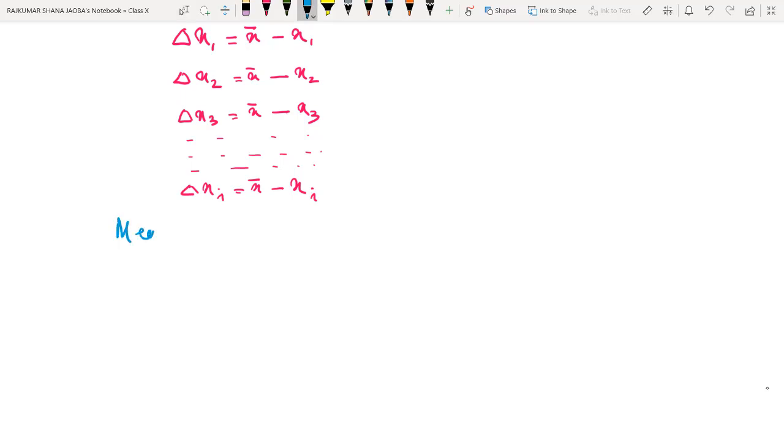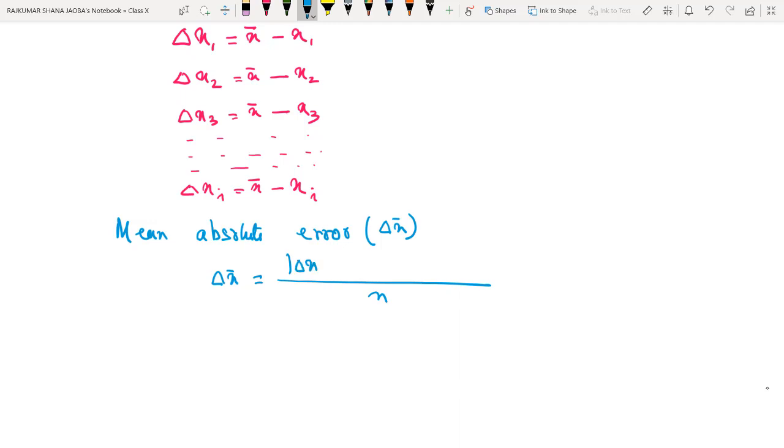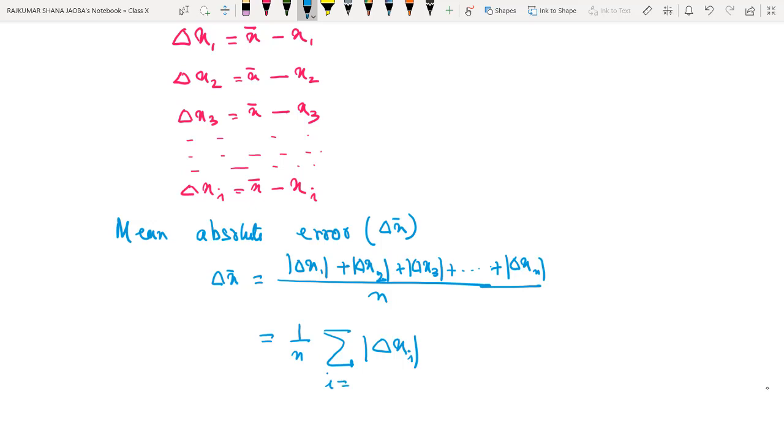So mean absolute error, delta x bar, is delta x bar equal to the mod of delta x1 plus mod of delta x2 and so on, so this also we can write as 1 by n summation of mod delta xi, where i is from 1 to n.